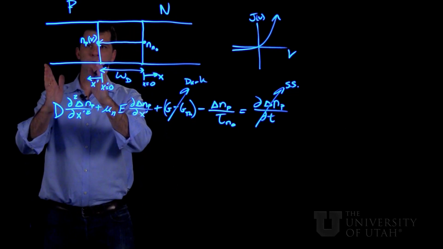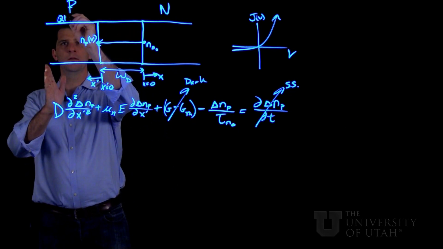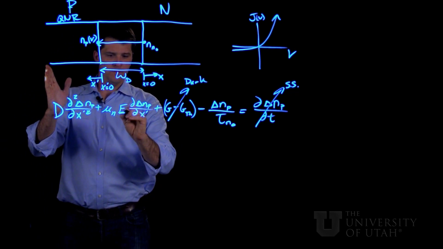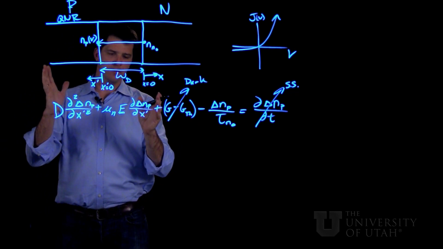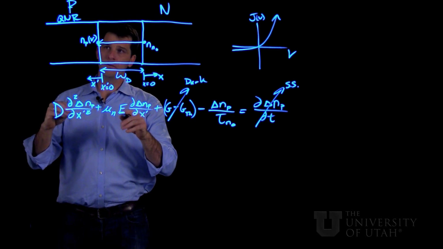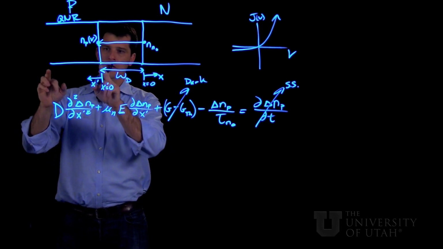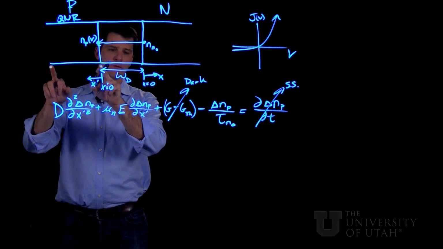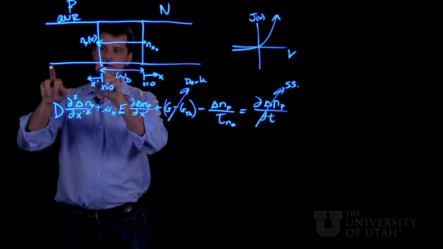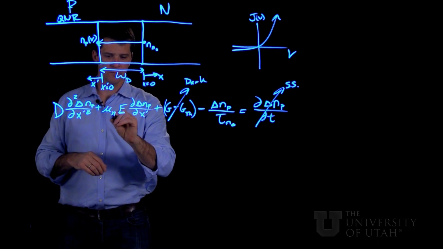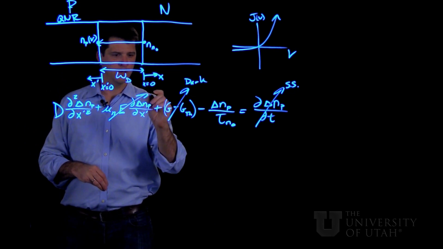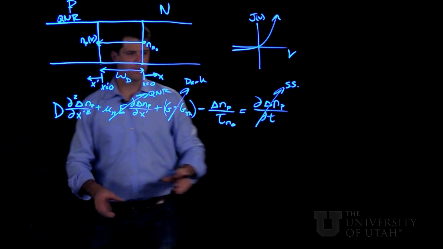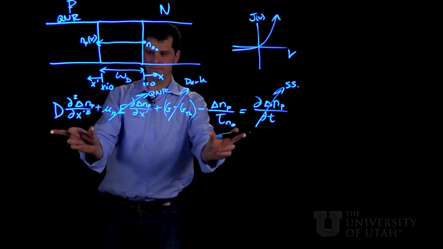In the quasi-neutral region, or QNR, the E field present is non-zero, but it's basically tiny, and you can show that the amount of voltage drop across this region, except in weird cases, is going to be negligible. Therefore, this goes away also. So we're left with these two terms.